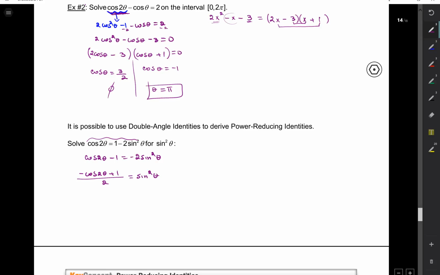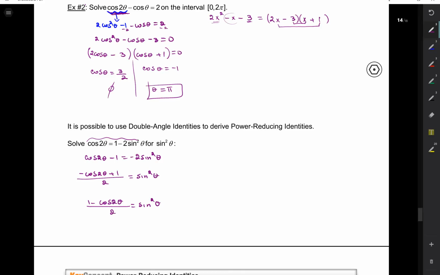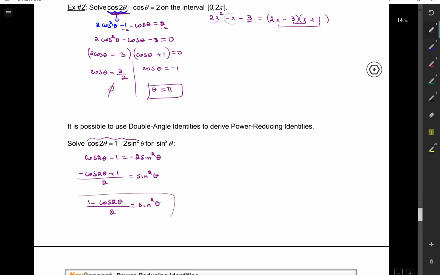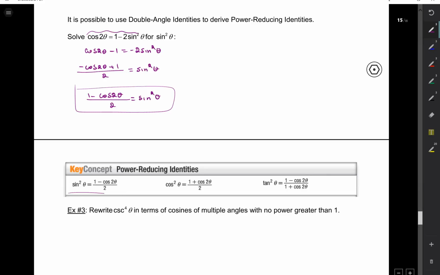But I hate these free-floating negatives right there. So why don't I rewrite that as 1 minus cosine 2 theta over 2. All I did was some algebra, add, subtract. What did I get? A whole new identity right there. Okay?